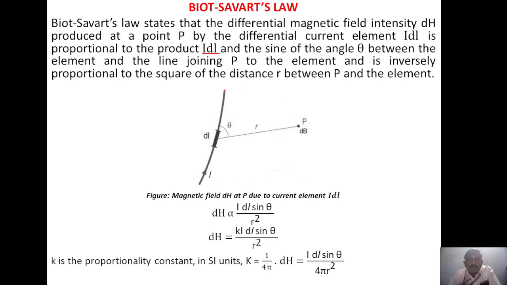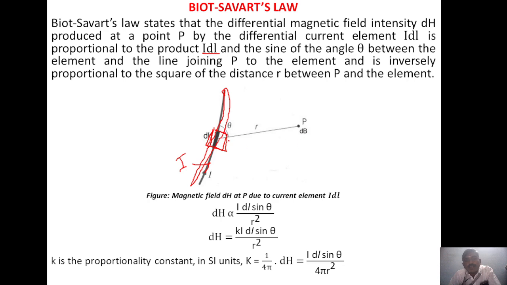Biot Savart discovered the law as follows. Suppose we take any current carrying conductor which carries current I. In this, I am taking a small elementary length dl.